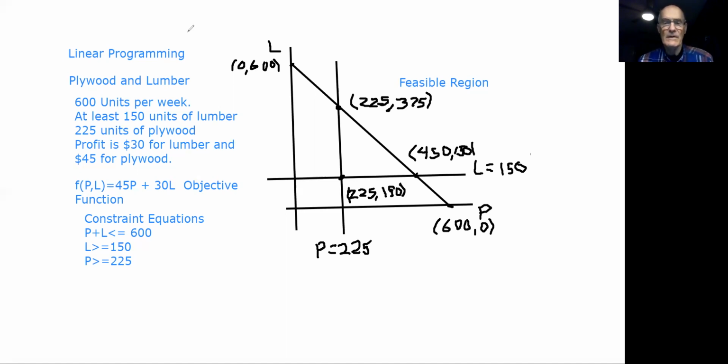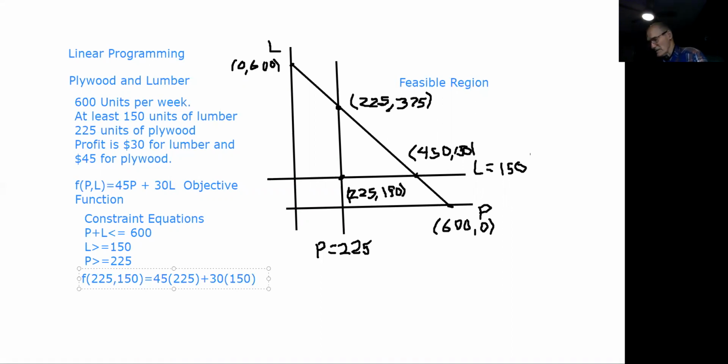So I'll come back up here and type this in. So I have my objective function. So f(225, 150) is equal to 45 times 225 plus 30 times 150.